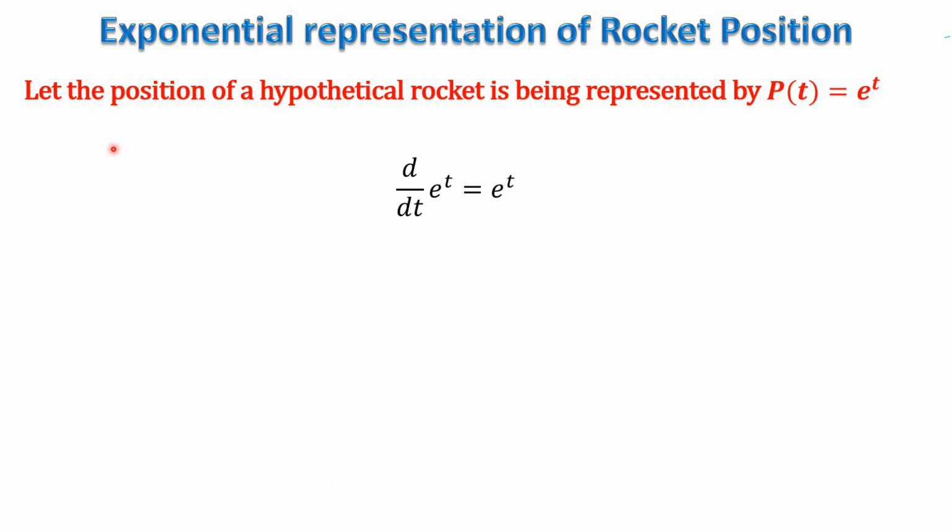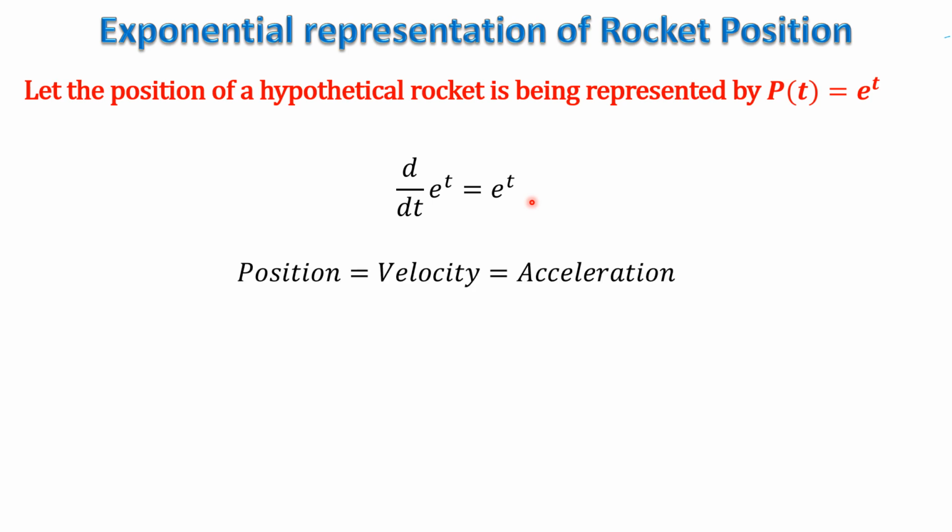Here, consider the position of a hypothetical rocket that is represented by the function p of t equal to e to the power t. The position is represented by the exponential of time. Now we know that the derivative of the exponential of time is the exponential of time. d/dt of e to the power t is equal to e to the power t. The second order derivative of e to the power t is also the same.